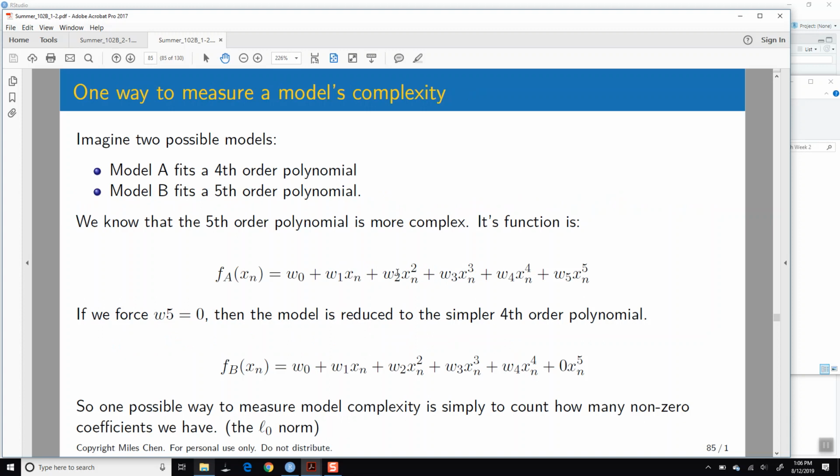And we started off here and we said, if we think about what a fourth order and fifth order polynomial look like, the fit is exactly the same. It's just that for the fourth order polynomial, we've forced the coefficient w on the fifth order term to be 0. So to measure complexity, we can measure how many of our coefficients are 0 or not 0.